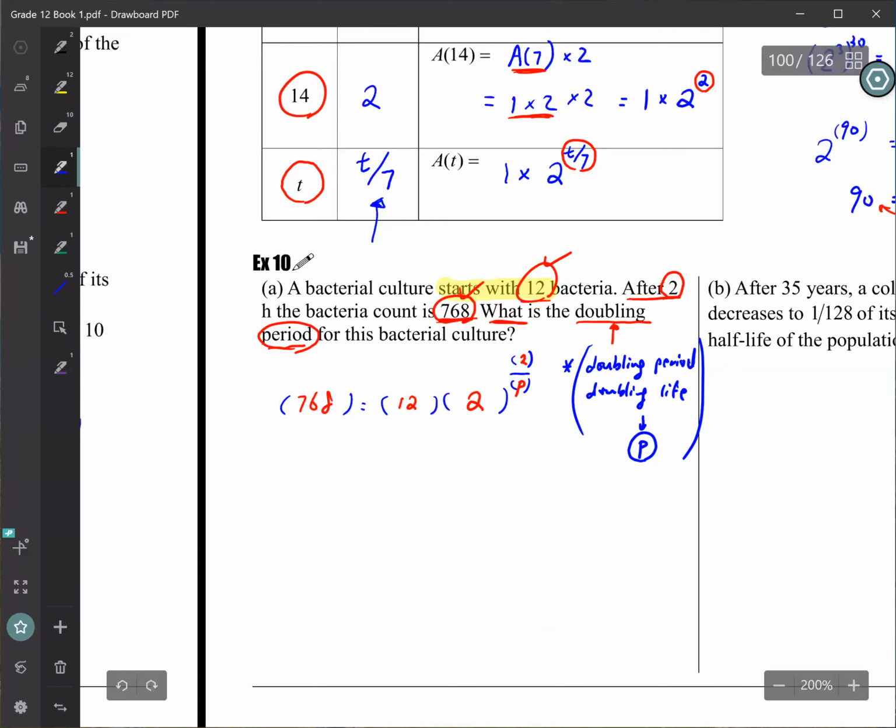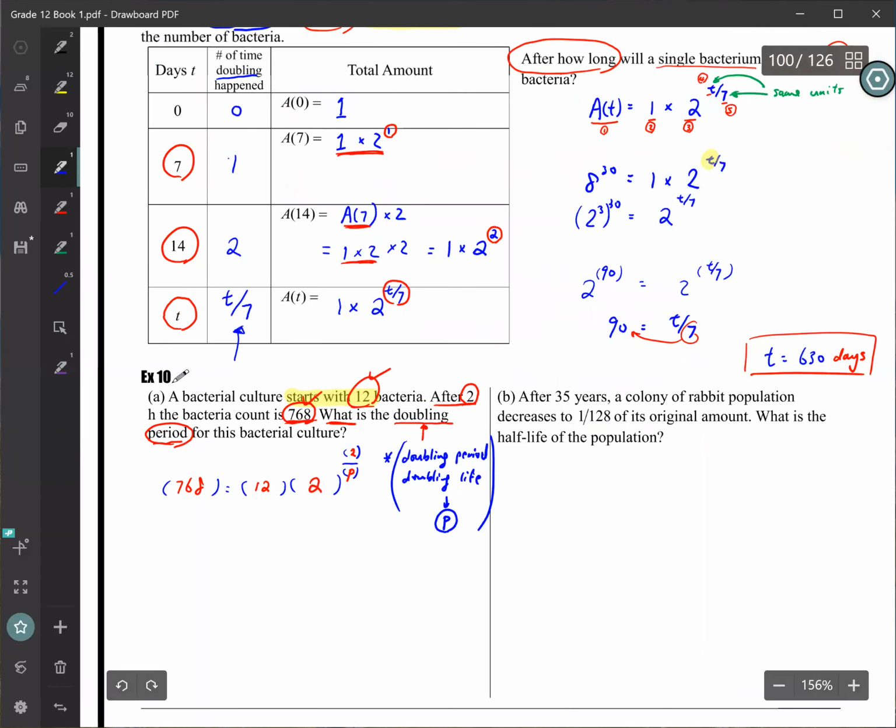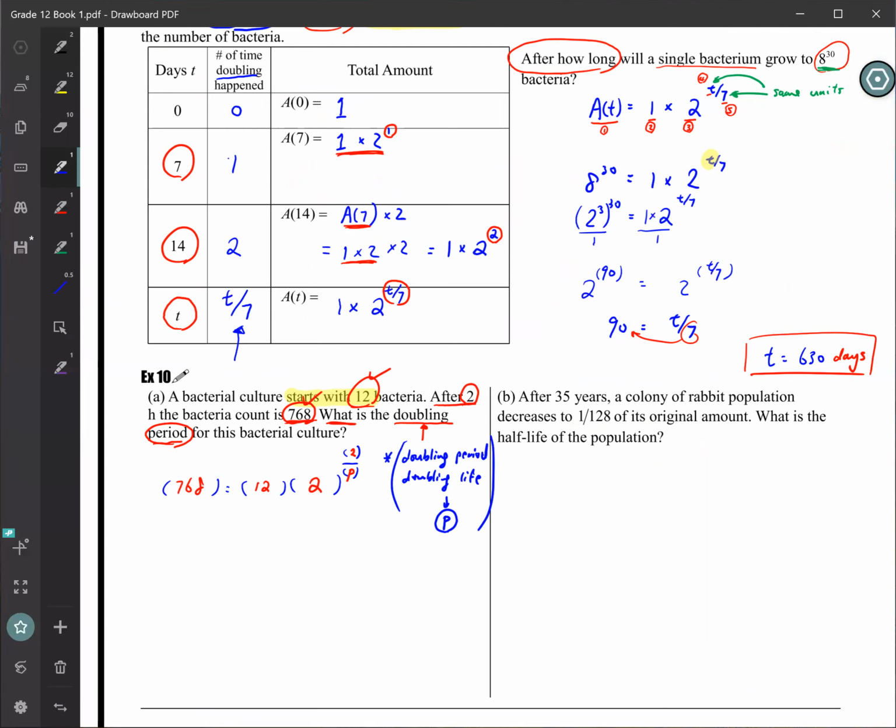If you forgot how to solve this, take a look at what we did before. And remember to write out the units when you find the answer for the period. Think about what units we should use.